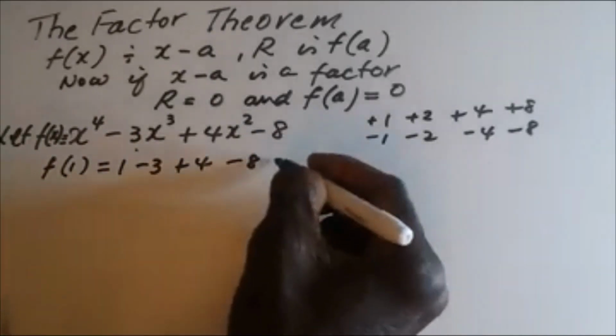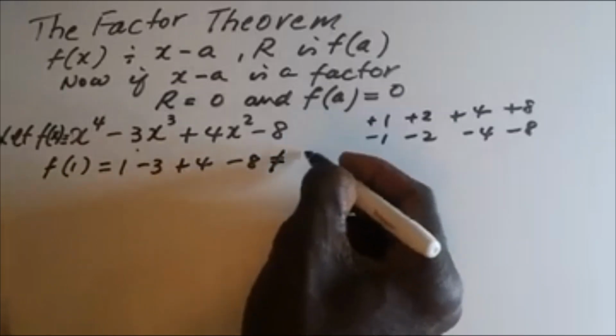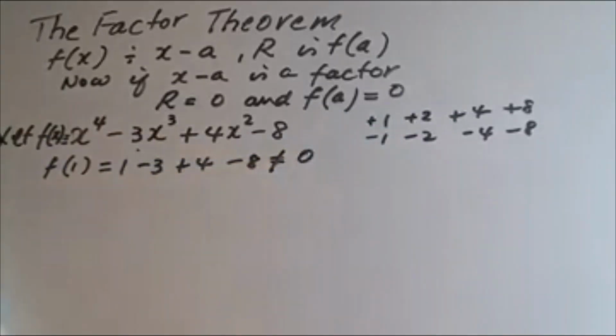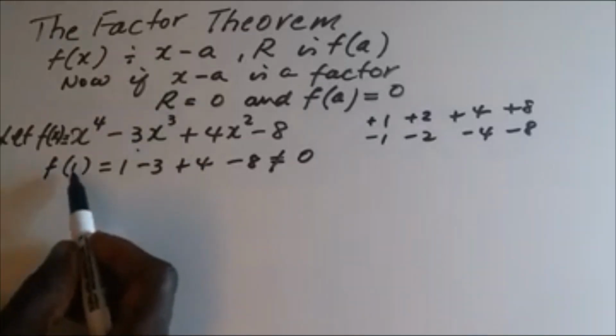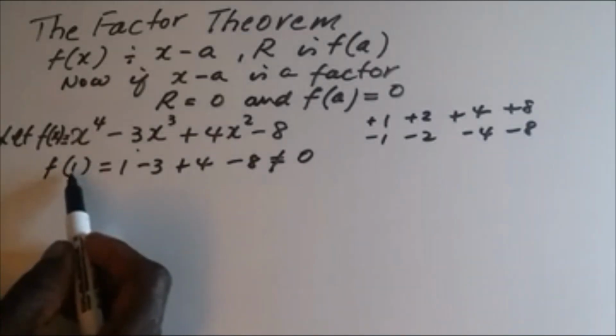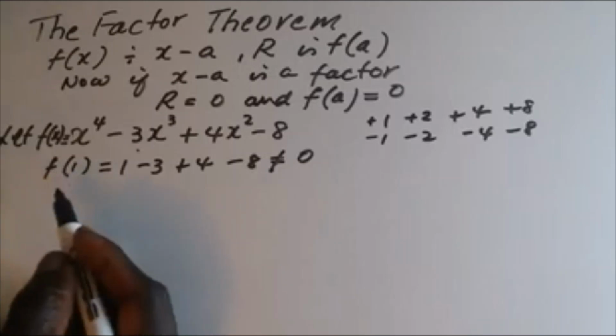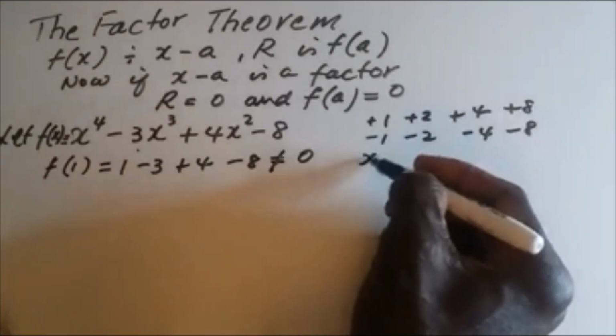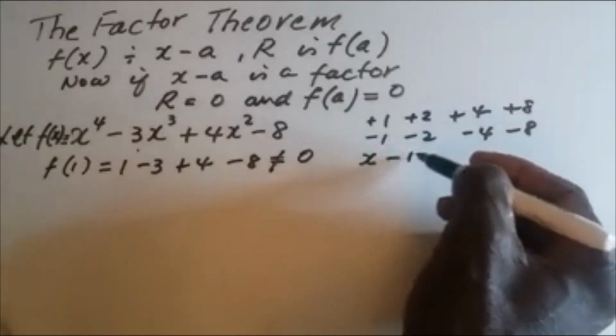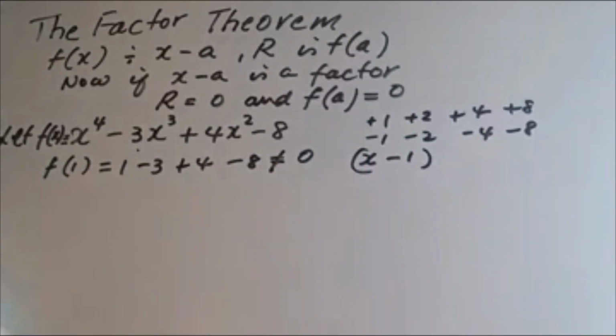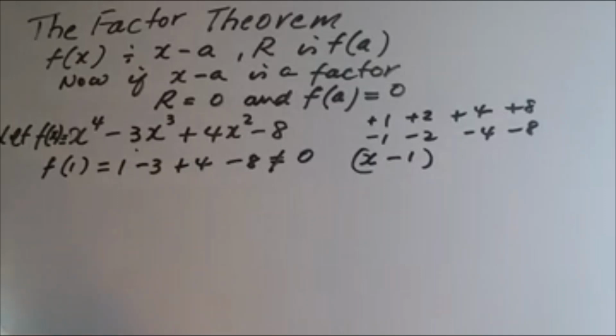And we can clearly see this is not equal to 0. So we know a being 1, and the factor would be x minus 1, is not a factor of f of x.